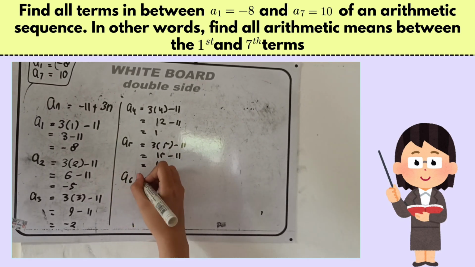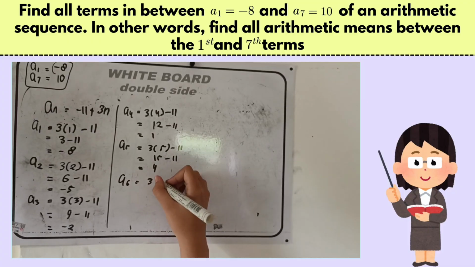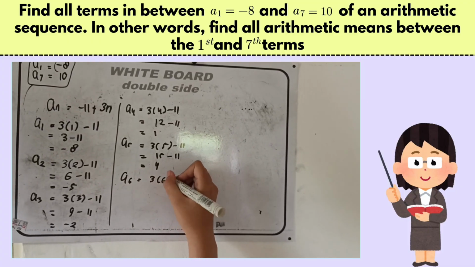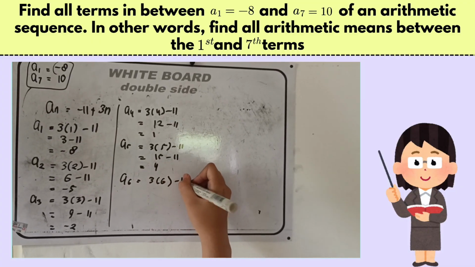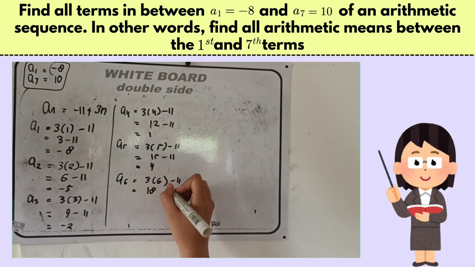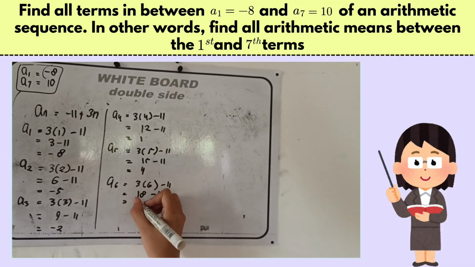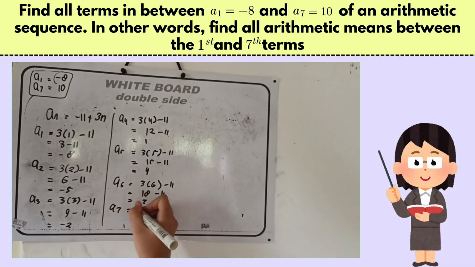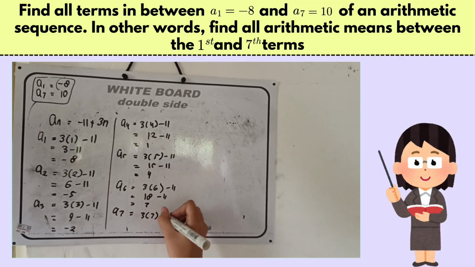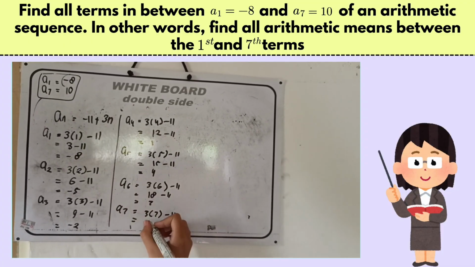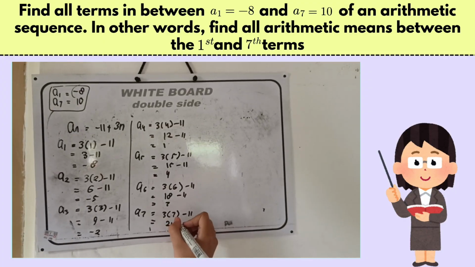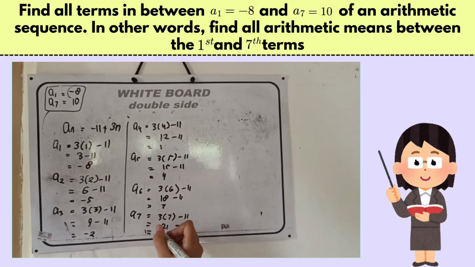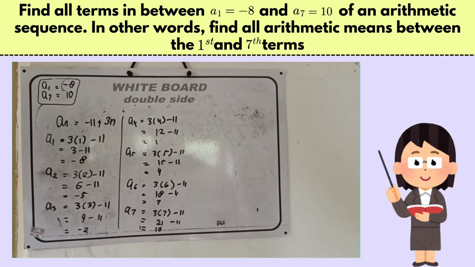And a sub 6, we get 3 multiplied by 6 minus 11, 18 minus 11, so we get 7. And the last is a sub 7, 3 multiplied by 7 minus 11, 21 minus 11, so we get 10.